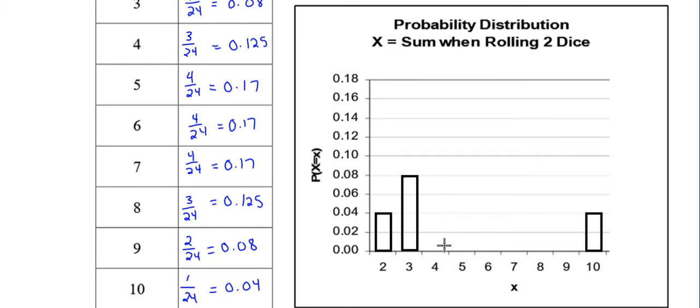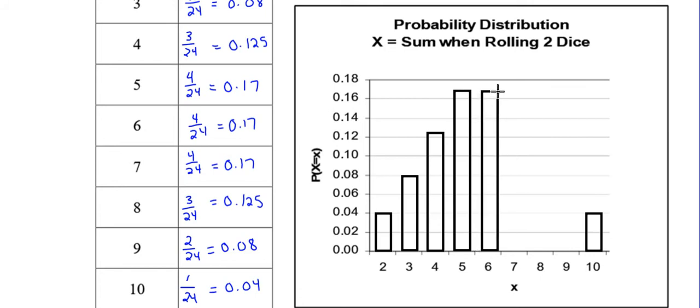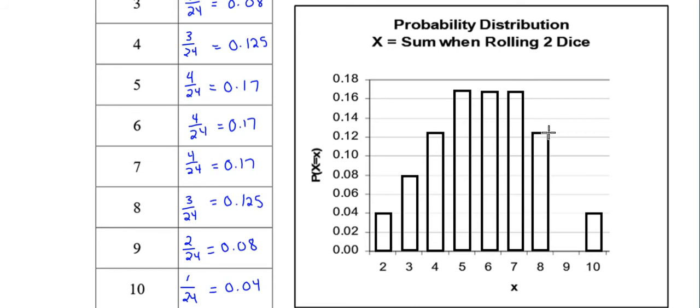And a 4 was 0.125. And a 5 was 0.17. And this was 0.17, 0.17, 0.125 and 0.08.